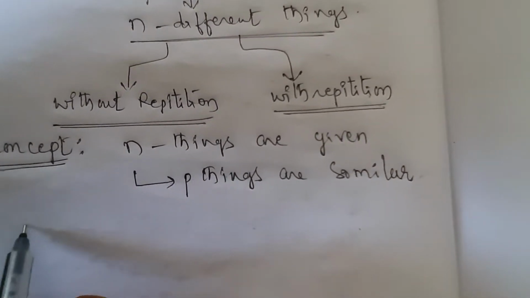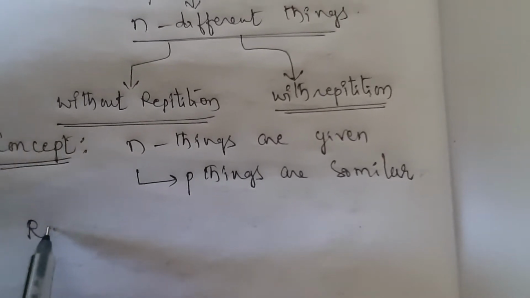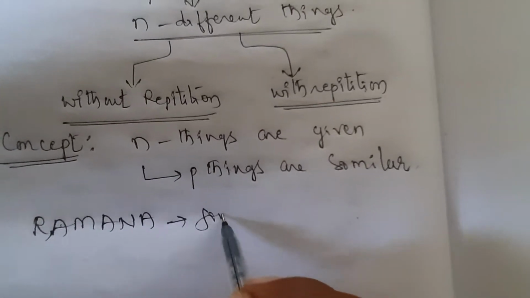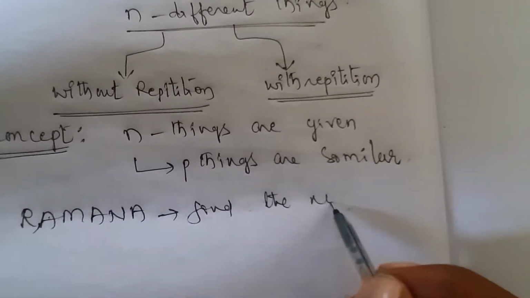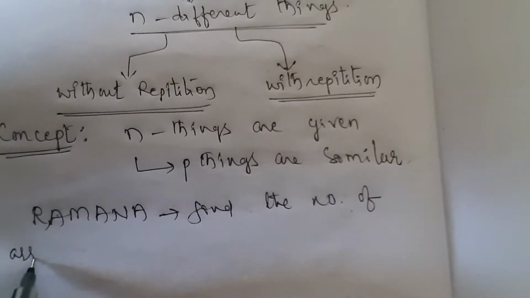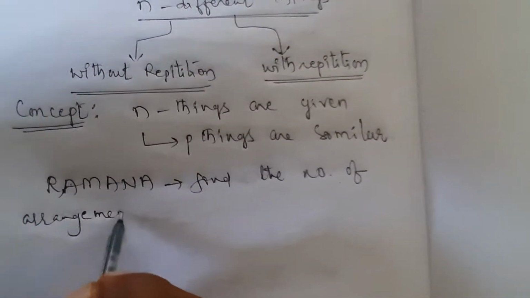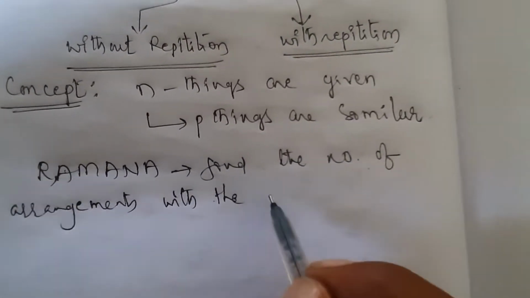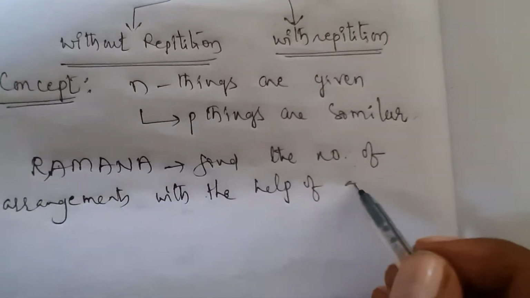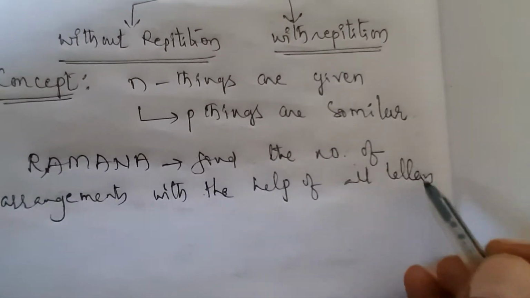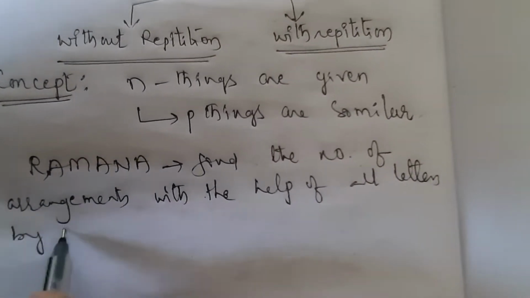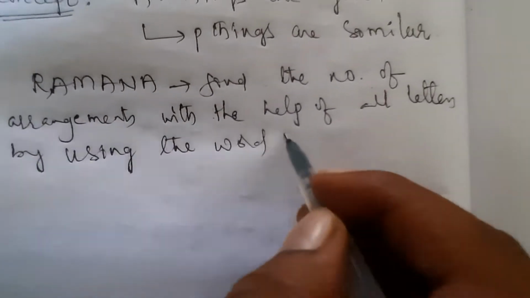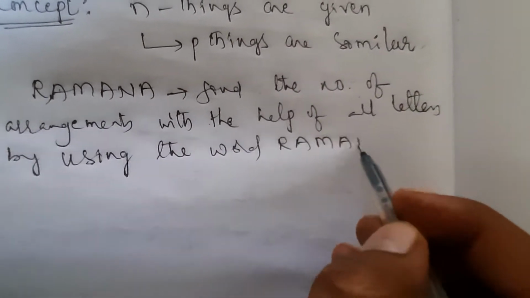For example, find the number of arrangements with the help of all the letters by using the word RAMANA, if it is given like this.